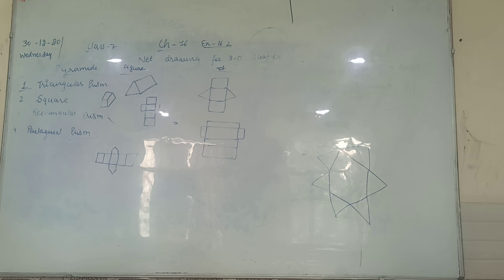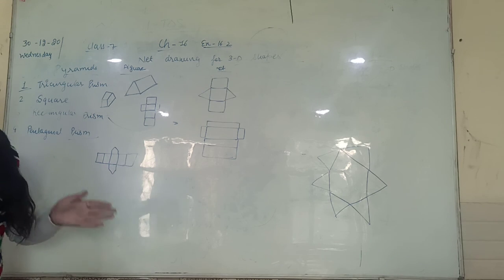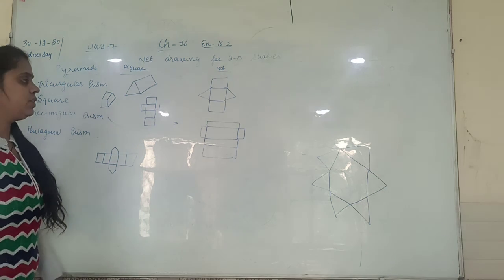You have to just choose the correct net for the shapes given, that is cube, cuboid, right? So what is net? A net is a cutout shape with a flat surface which when we fold it makes the 3D shapes. When we fold it, what does it make? It makes 3D shapes. Right?